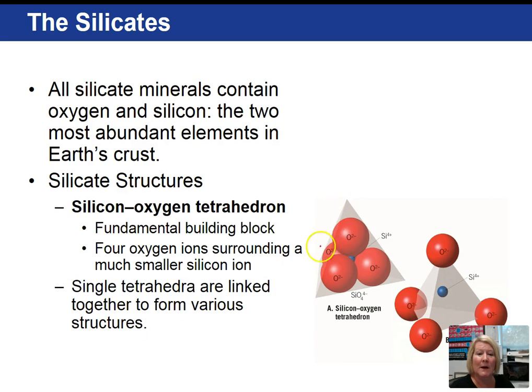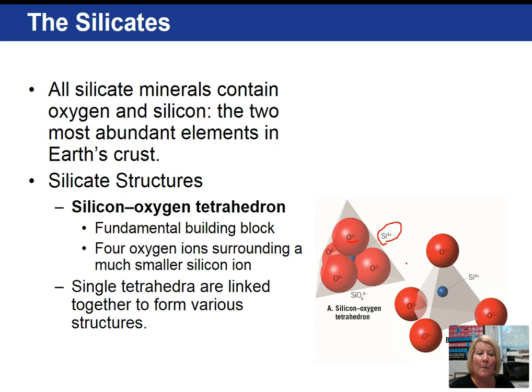Here is the silicon-oxygen tetrahedron. It is 4 oxygens surrounding a silicon ion. The silicon has a +4 charge, oxygen -2, so the overall charge on the silicon-oxygen tetrahedron is -4.